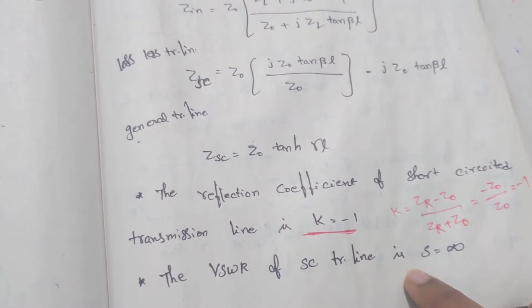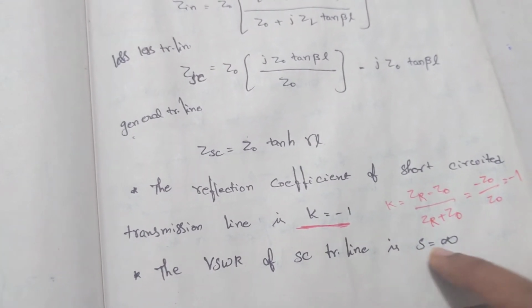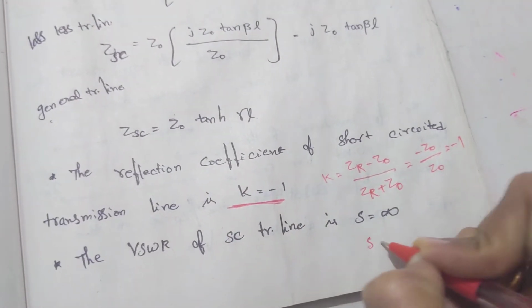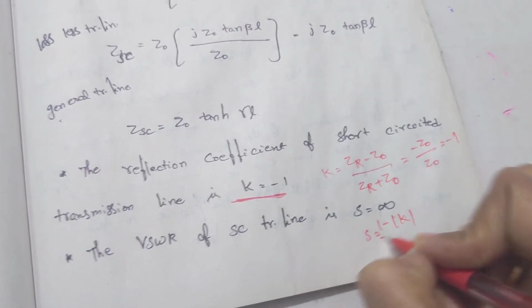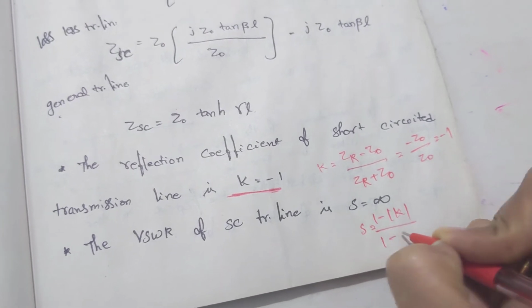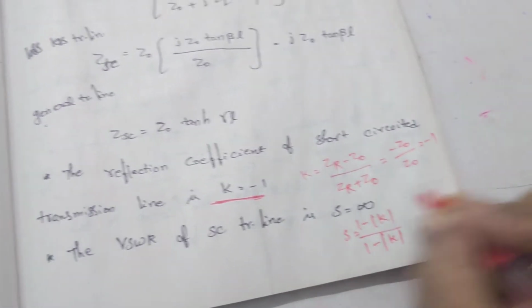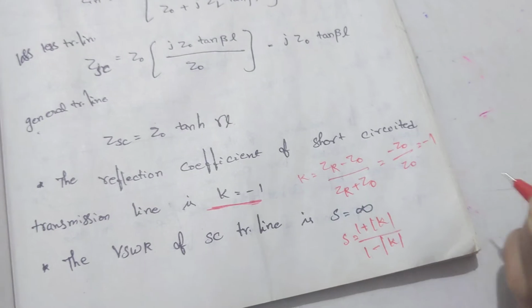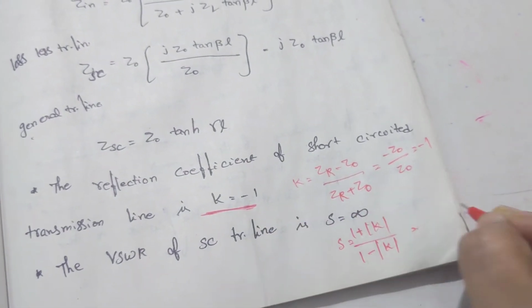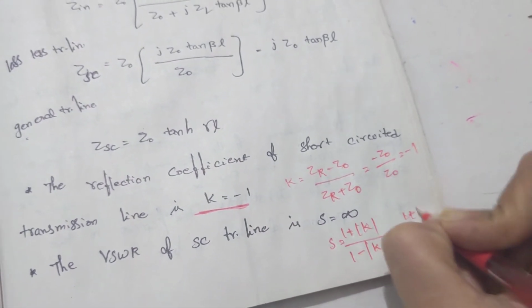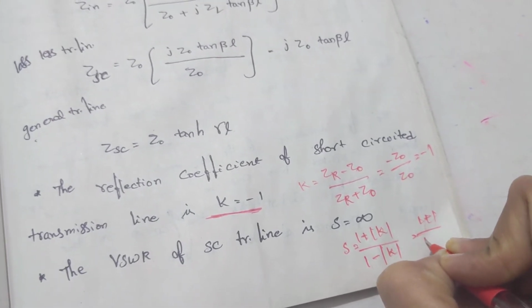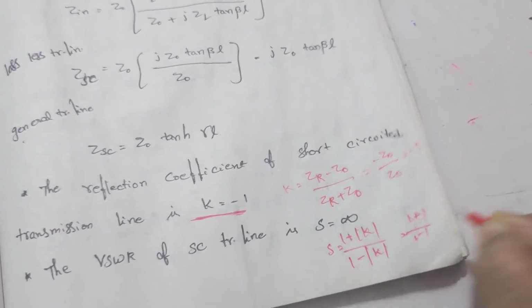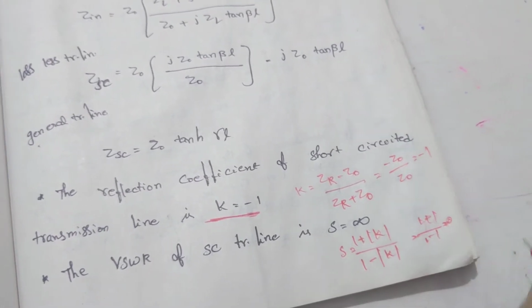Similarly, the voltage standing wave ratio is S equals 1 plus modulus of K divided by 1 minus modulus of K. Here K equals minus 1, so that is 1 plus 1 divided by 1 minus 1. 1 minus 1 equals 0, so S is infinity.